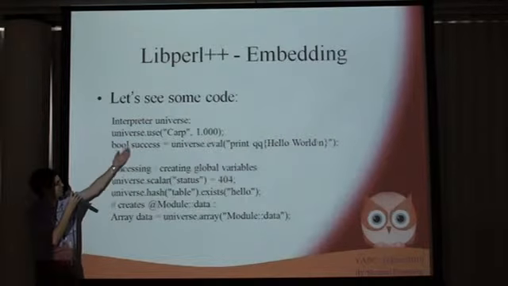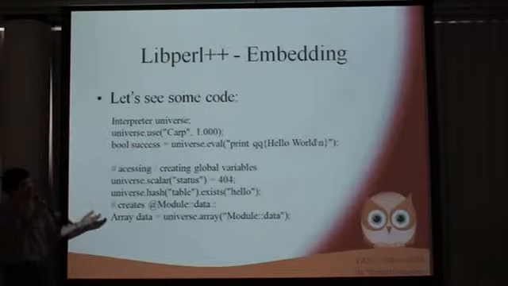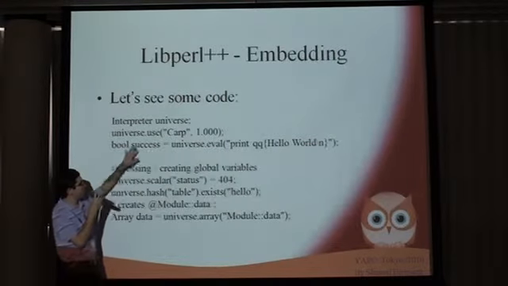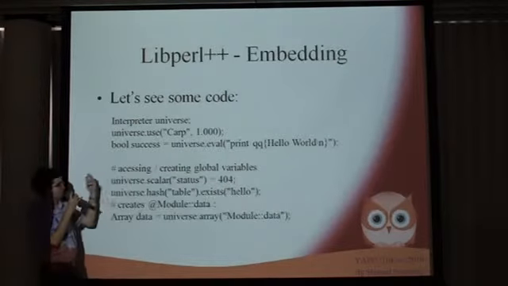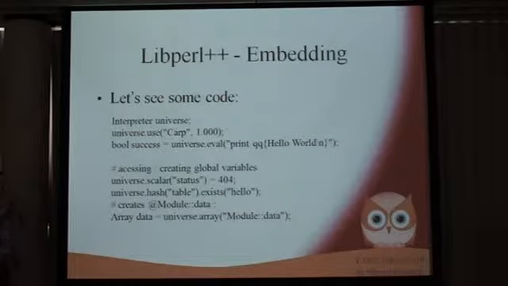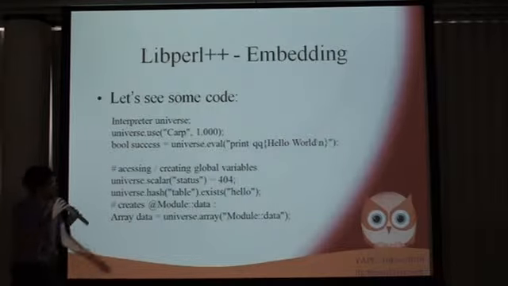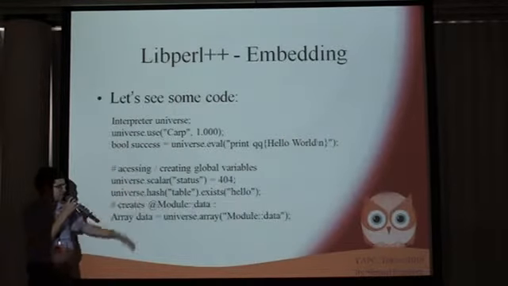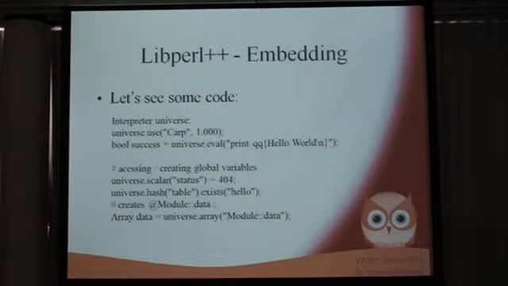You can eval, and you get variables back. But here we request a boolean, so it will be converted. We can access package variables, our variables, scalars, hash, call exists, arrays, everything inside Perl. We can call functions, don't worry.